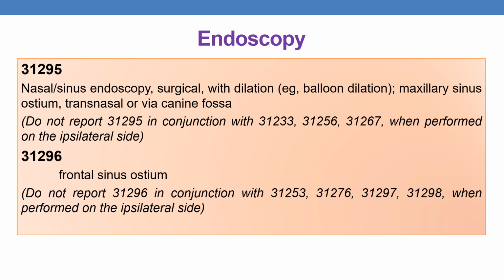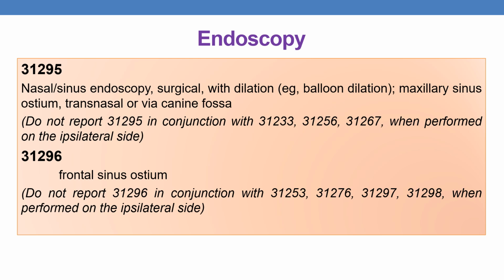The next is 31295. It deals with nasal or sinus endoscopy, surgical with dilation, maxillary sinus ostium, transnasal or via canine fossa. And do not report 31295 in conjunction with 31233, 31256, 31267 when performed on the ipsilateral side.